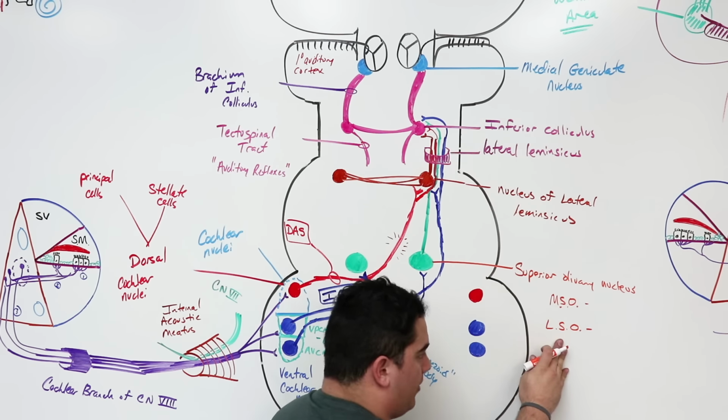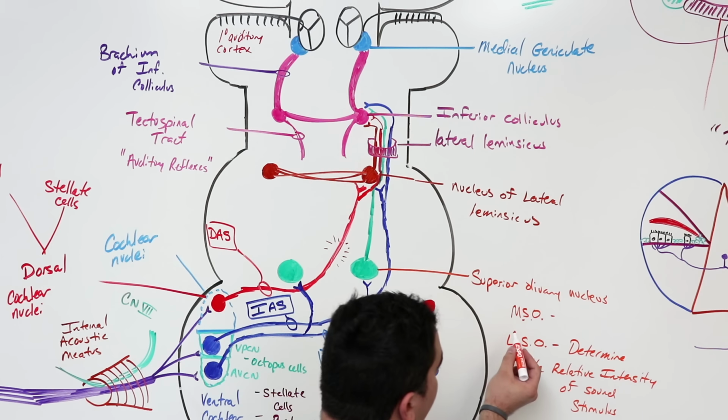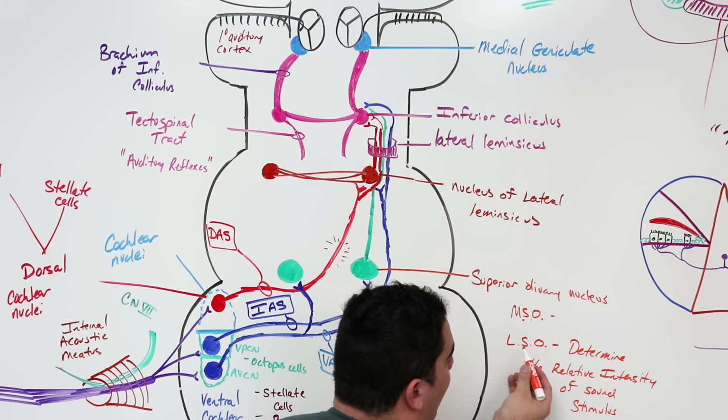So he plays a role in being able to determine the relative intensity of the sound. And I'm going to explain what this means in a second. So he can determine the relative intensity of the sound stimulus. The medial superior olivary nucleus, let me put it below.